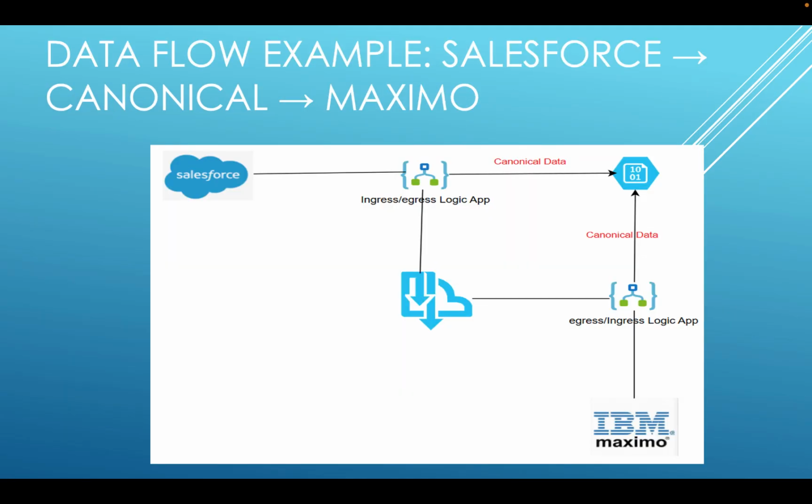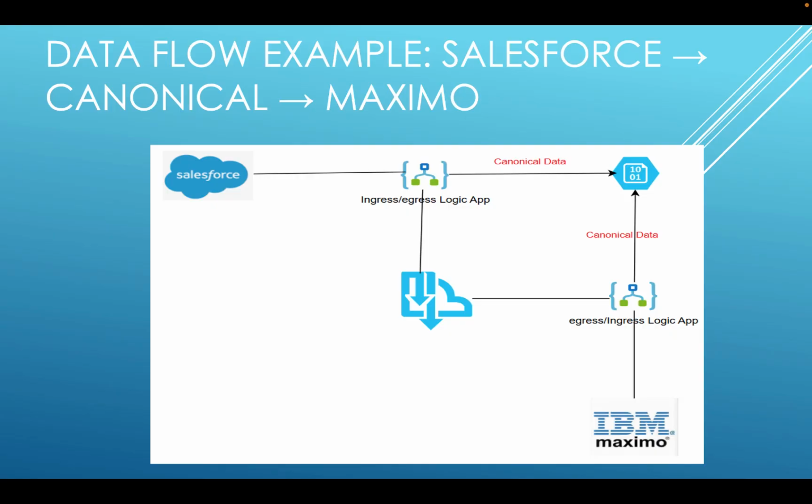Now you can see another flow I'm showing here: Salesforce to Canonical to Maximo. From Salesforce it goes into a Logic App ingress, and it basically goes to topics, and any system which subscribes to this topic will get the message. Here you can see we have canonical data stored in storage.